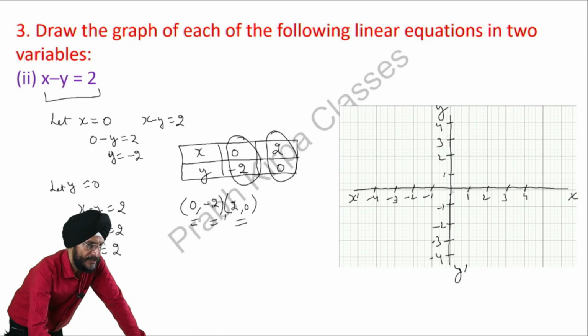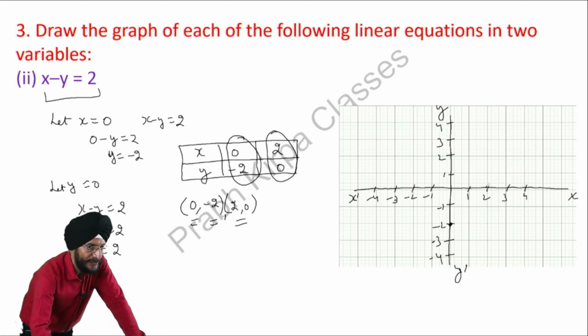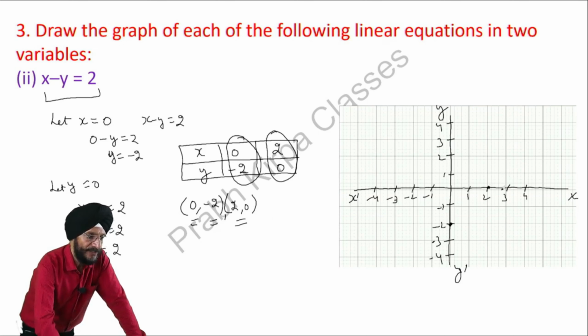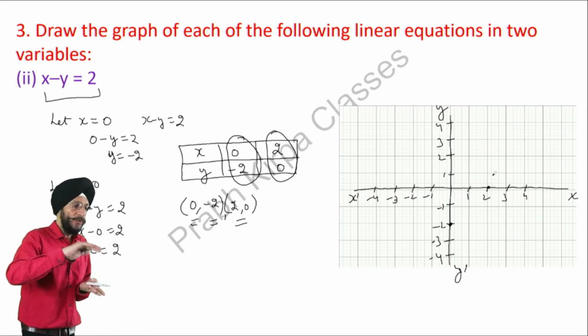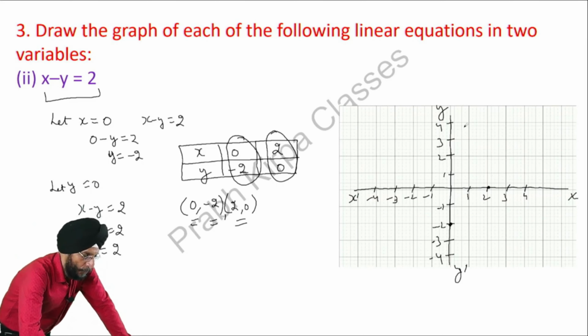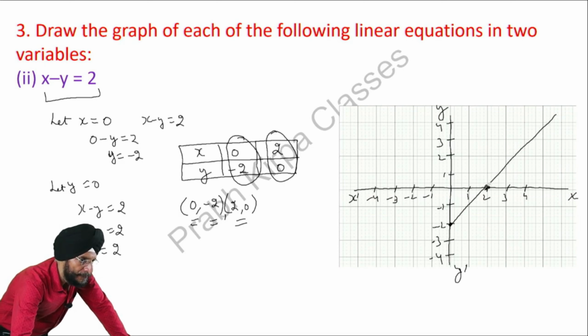Here the value of x is 0 and the value of y is minus 2. That is the first point to be plotted. Here is this one. Now the next solution is value of x is 2 and the value of y is 0. Here this is the second point which we can plot. Now we are to join both these 2 points. It will be something like this.